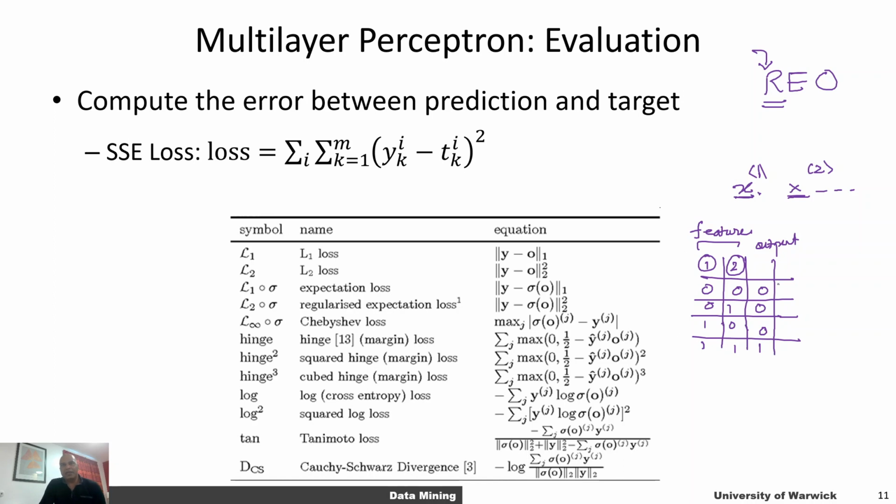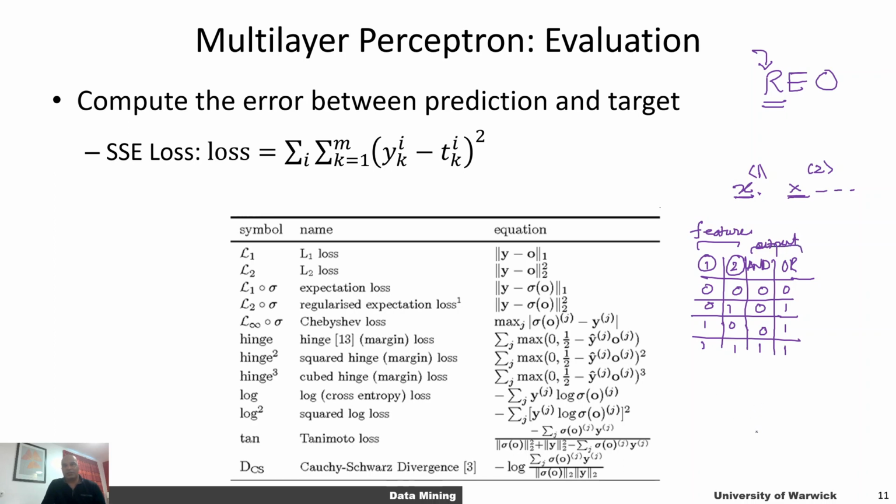We have a bunch of examples, and for each example, we have a bunch of features and then a single output. But you can have more than one output, because now you have a representation that allows you to produce multiple outputs. So you can have an AND output, and you can also have an OR output, which is going to be 0, 1, 1, 1.